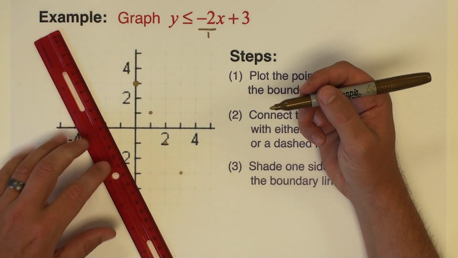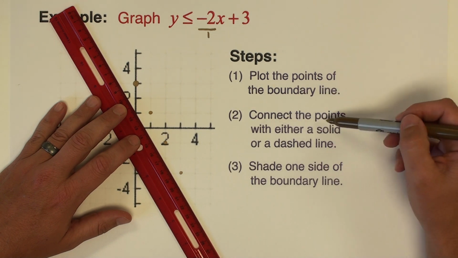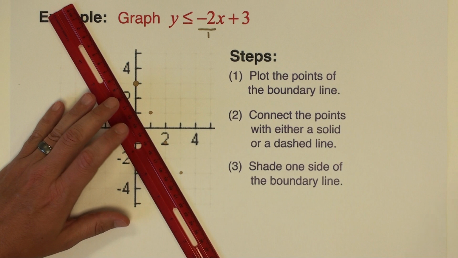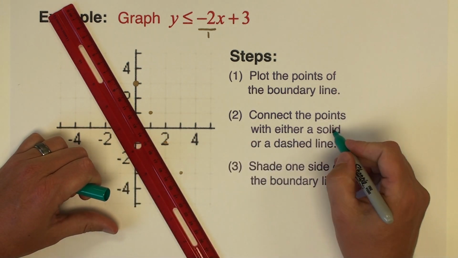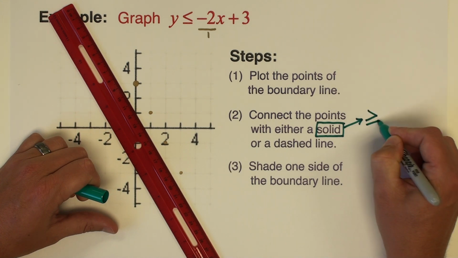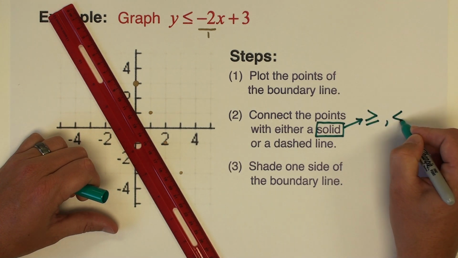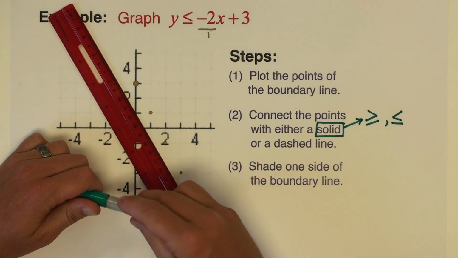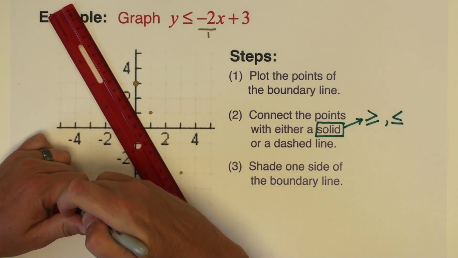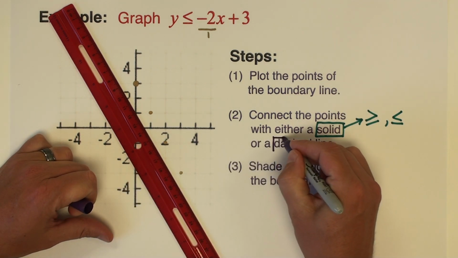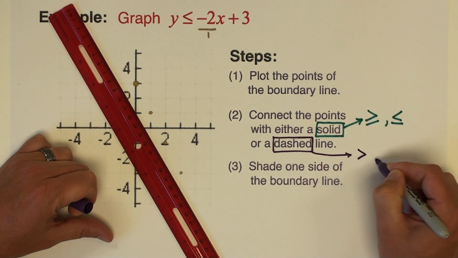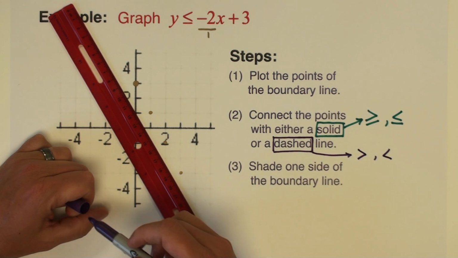Okay, now we need to connect the line. We're going to connect the points with either a solid line or a dashed line. We will use a solid line every time we have a greater than or equal to or a less than or equal to. The key is it has to be equal to get a solid line. We're going to use a dashed line every time we have a greater than or a less than.